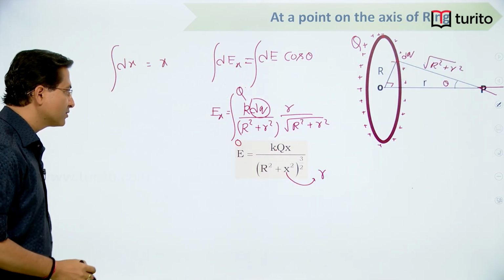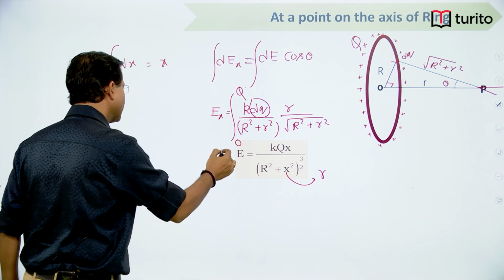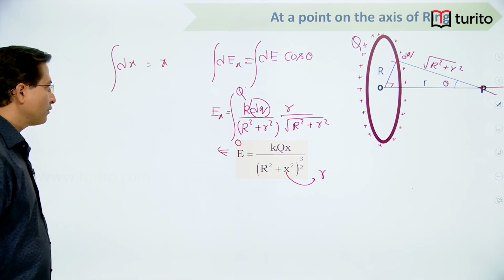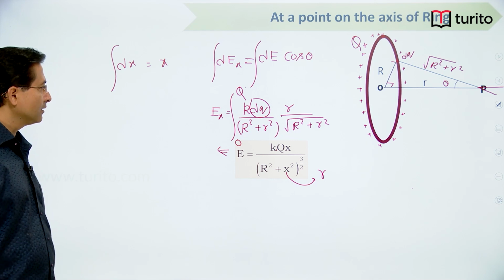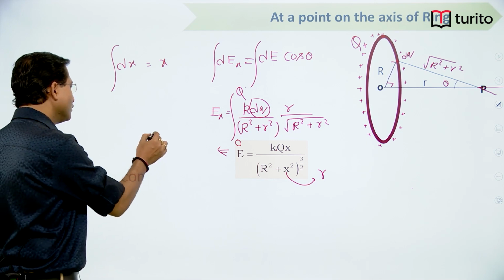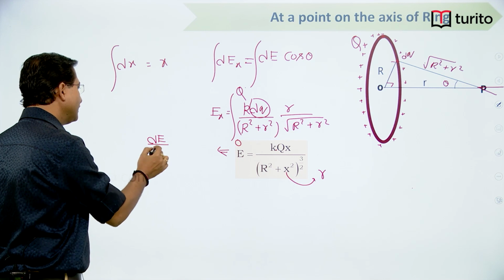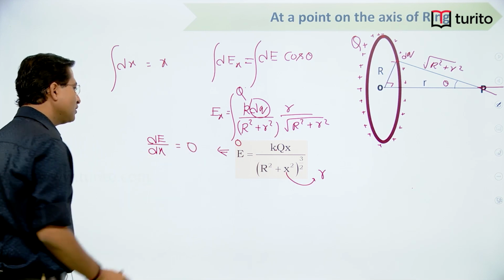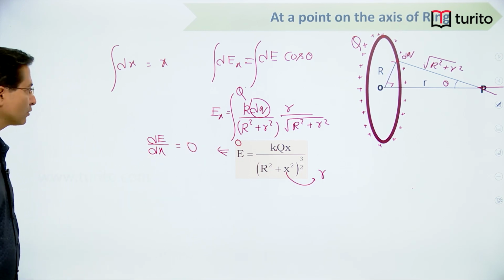If I ask you to find the point where the field achieves its maxima, what we need to do is differentiate the field with respect to x and equate it to 0 to get the maximum field.